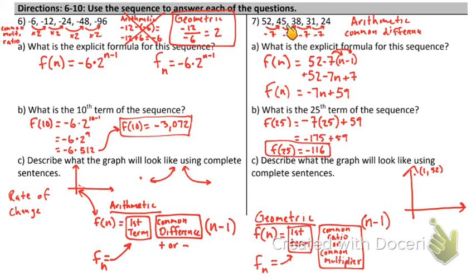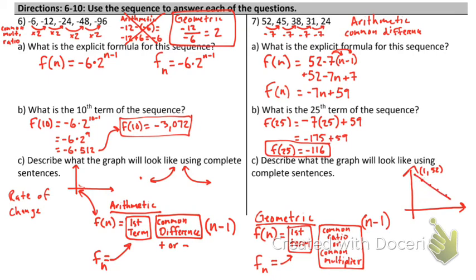Okay, my second term, again, this is just a quick sketch, is 2 comma 45. So we're just going lower. 2, 45. The next one is 3, 38. And then so on. 4, 31, 5, 24. Okay, and it just keeps going down like that.